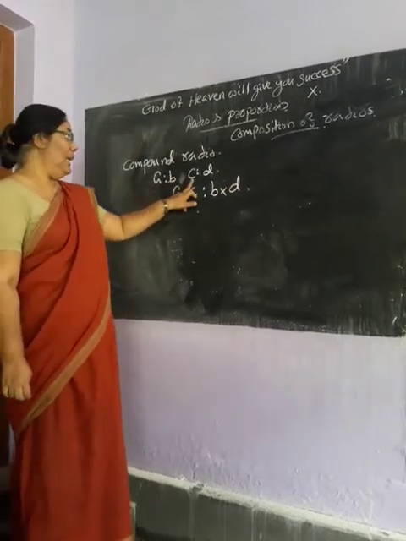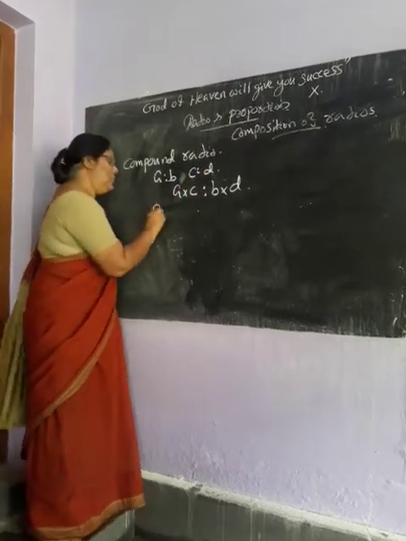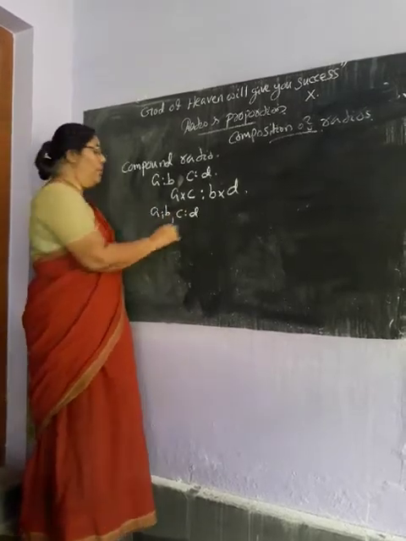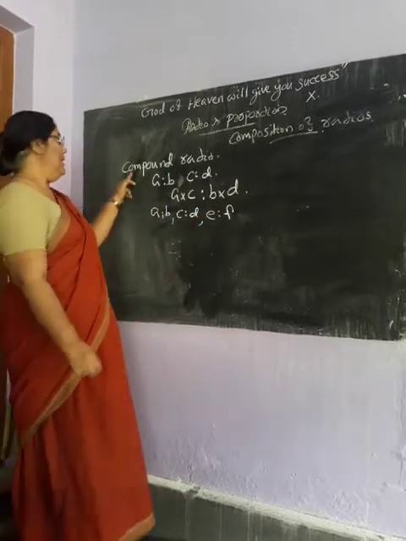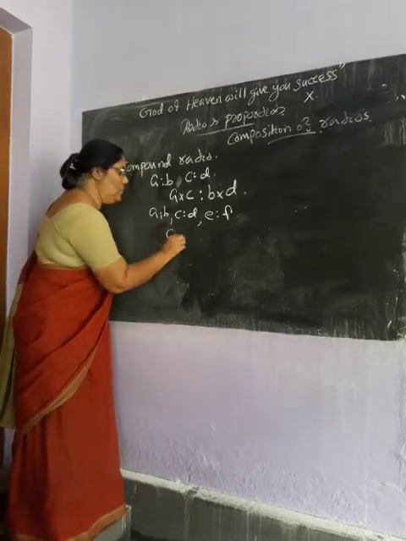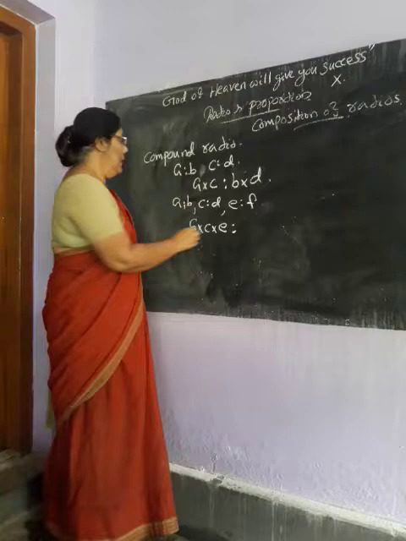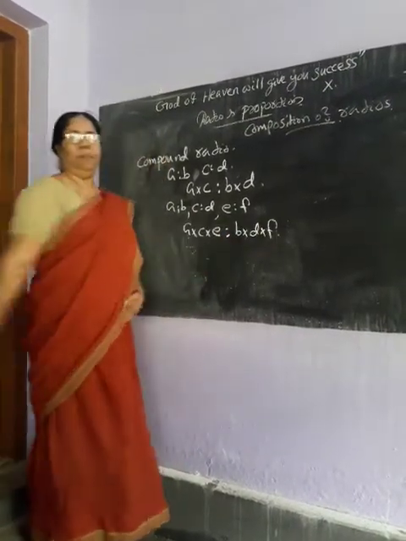A into C and B into D. Or A is to B one ratio, C is to D another ratio, and E is to F the third ratio. Then compound ratio means A into C into E, B into D into F.